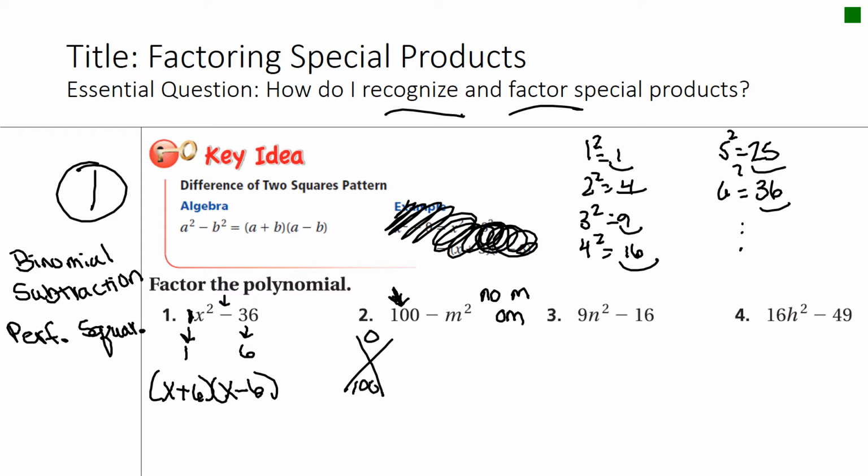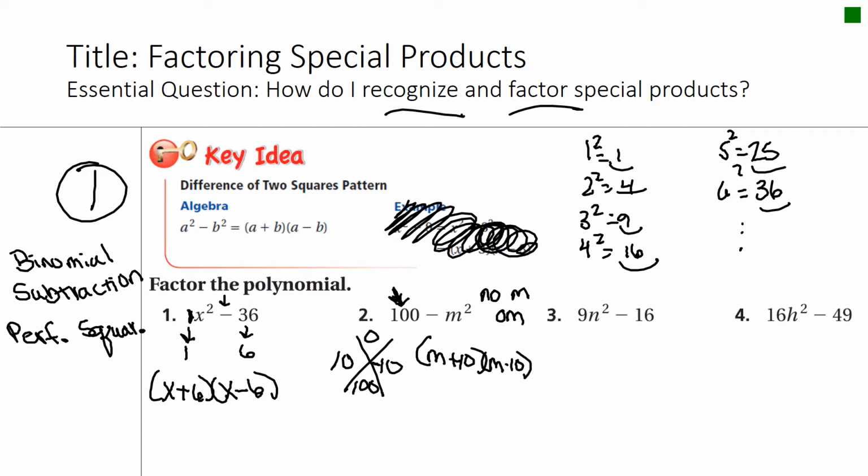So what multiplies to 100 but adds to 0? 10 times 10 multiplies to 100. One of these needs to be negative for it to add up to 0. And there we go, there's our difference of two squares pattern. So it's going to be m plus 10 times m minus 10.